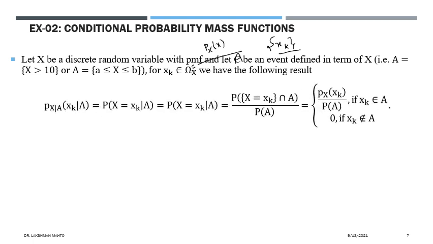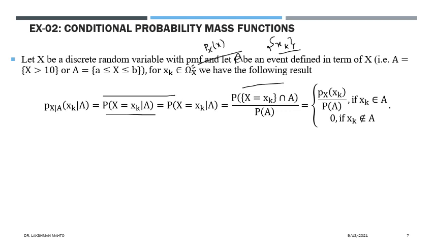Then in this scenario, what is the definition of the conditional probability mass function? That x given A, we call this the definition of the conditional probability mass function, and further just apply the definition of conditional probability. It will take this form, which involves the prior or marginal probability mass function.